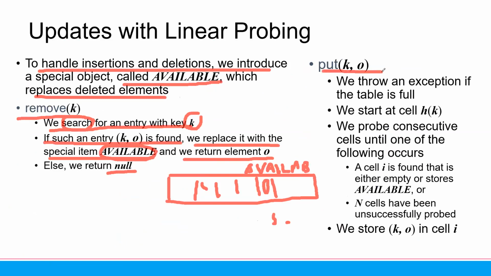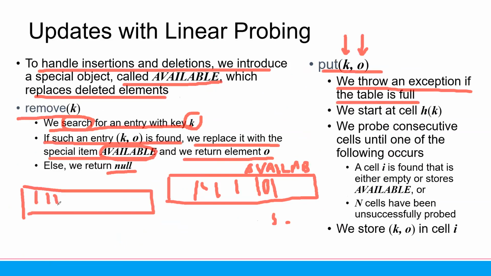If we want to put (k, o), where o is the value, we throw an exception if the table is full. We know that whenever we have an array, if every element is already filled, then it is full. If there is no empty space, then the table is full. If the table is full, you can use strategies like you already learned before for arrays.